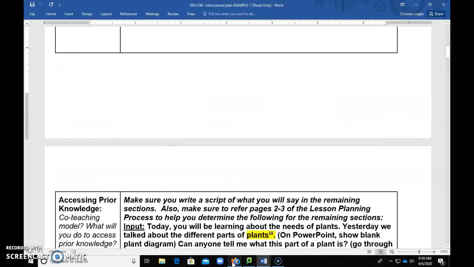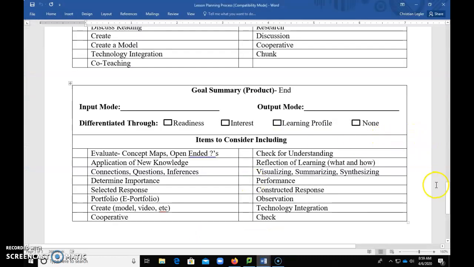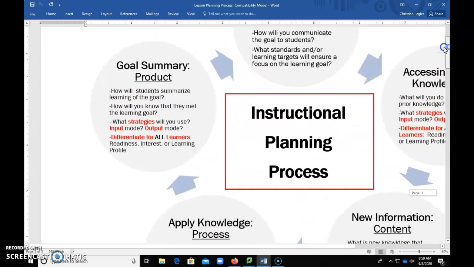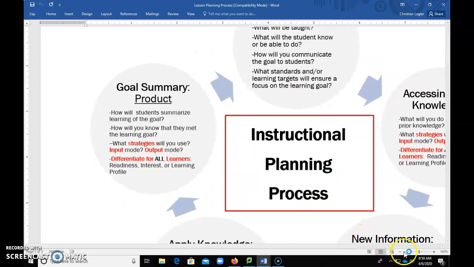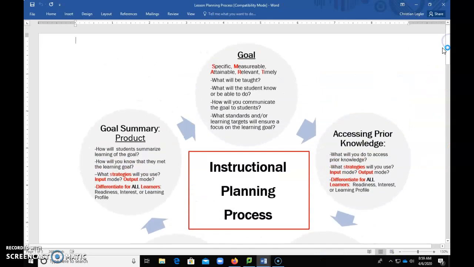If you go to that lesson planning process, you'll see that, like the first section, we want a goal, all right? Something that's specific, measurable, attainable, relevant, and timely. Those are the learning objectives and the standards. Also deals with the content, misconceptions, big ideas, essential questions.